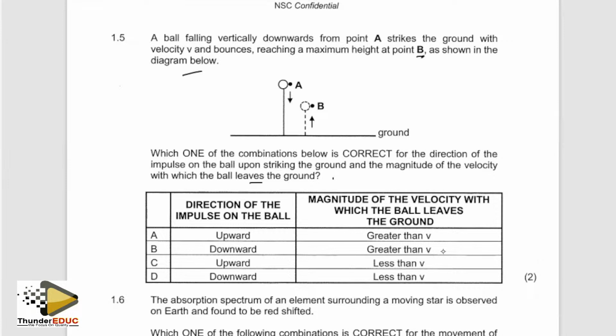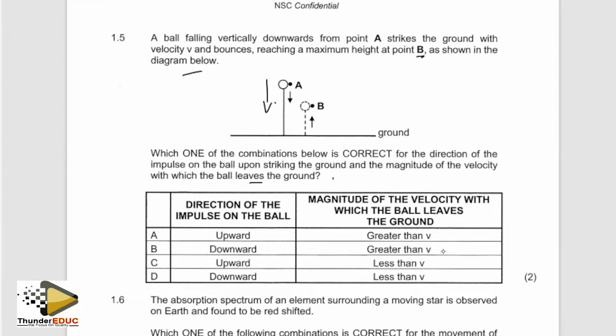One thing we need to know is that since this ball is striking the ground, the direction of the impulse needs to be upwards, because remember I said impulse is the same as the change in momentum.